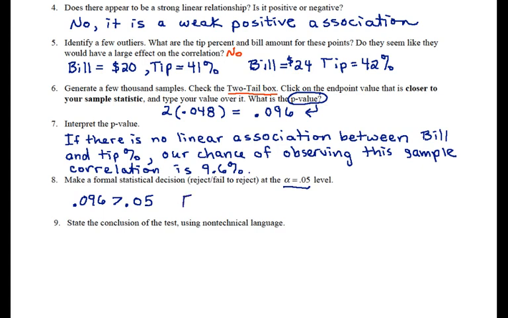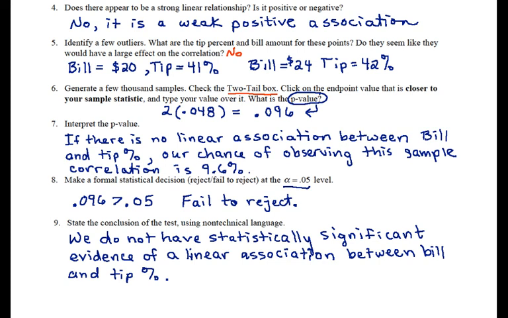Fail starts with an F, fail to reject. The conclusion of the test in the context of this given significance level is that we do not have statistically significant evidence of a linear association between bill and tip percent.